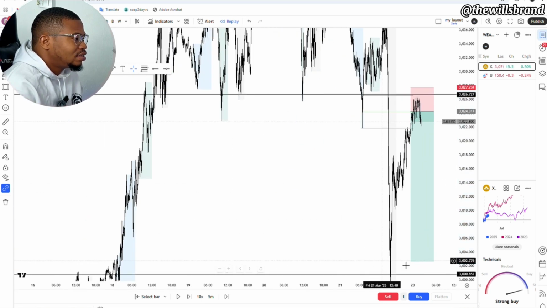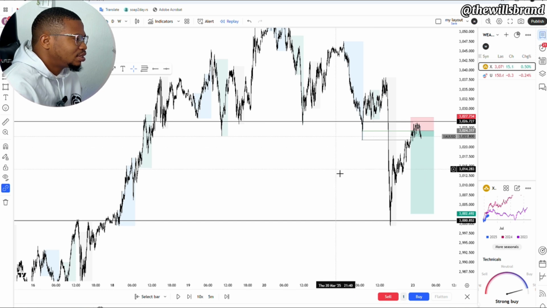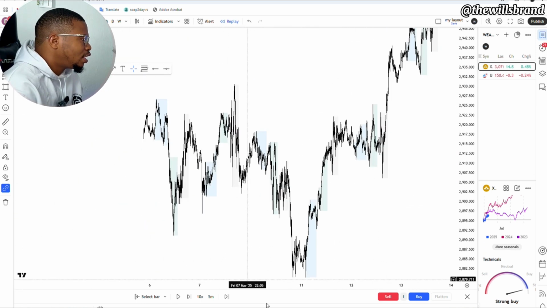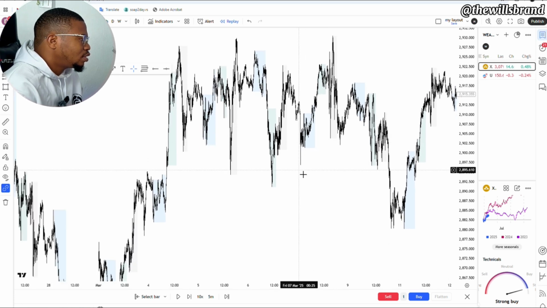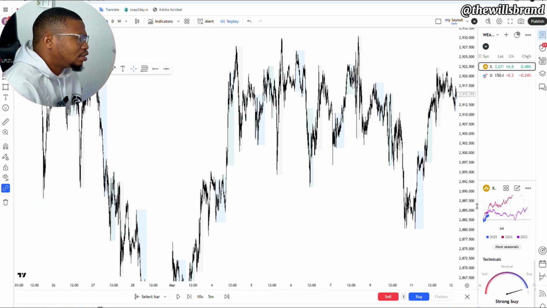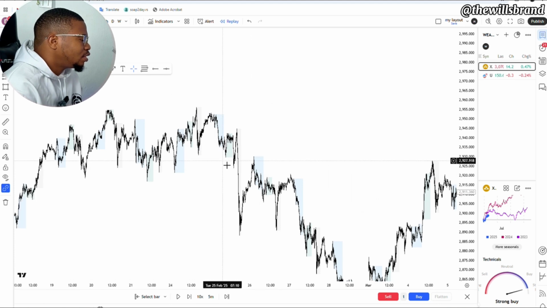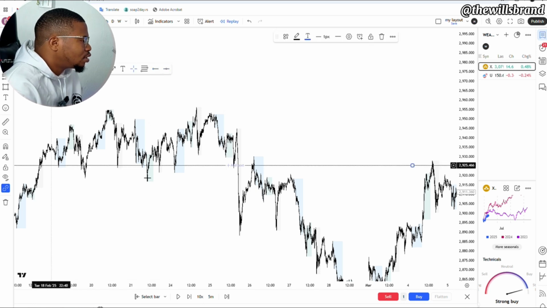The reason I did this was because I've seen a similar structure somewhere back here in the chart. This was where it happened, about during February. It was still a turning point.